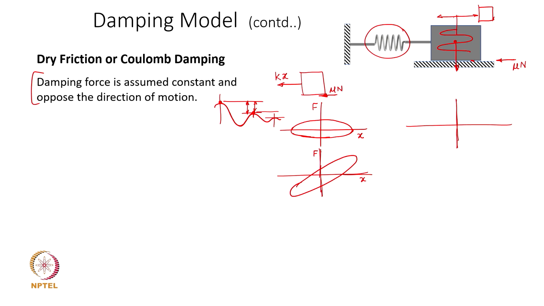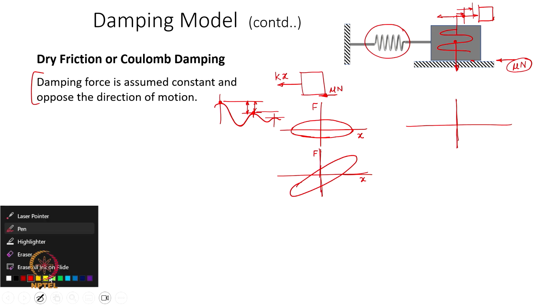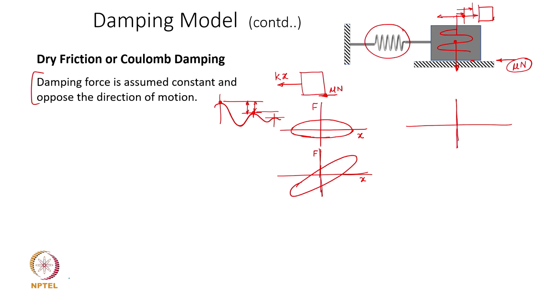The damping force, which in this particular case is mu N, is obviously constant, because that force does not depend on whether the mass is displaced by this distance or by this much displacement. So, the friction force is always constant, opposes the motion, and that creates a constant dissipating force in action.